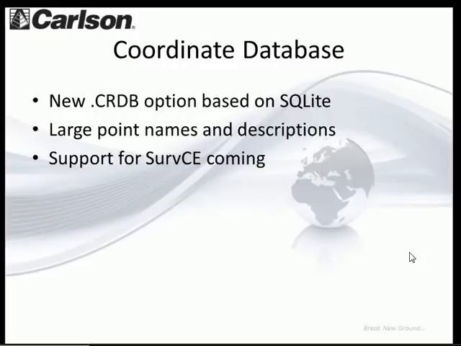SQLite has better support on Windows 7. With this coordinate database, you can use large point names up to 255 characters, and the same for descriptions. And CRDB will be supported in CERC 3.0.